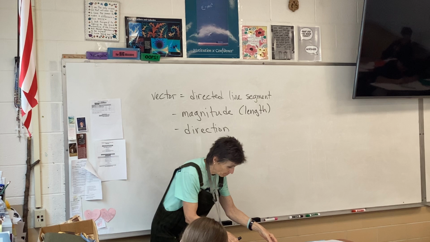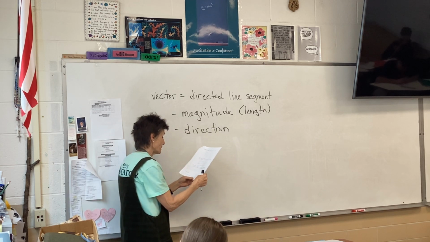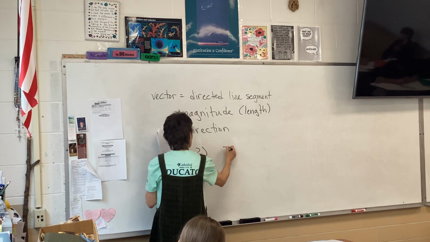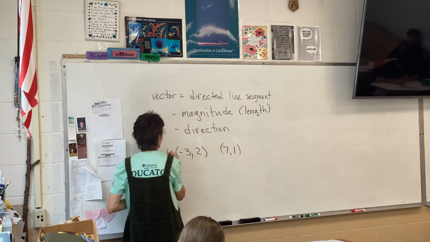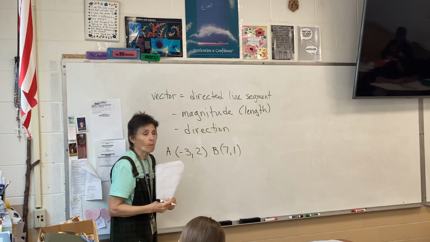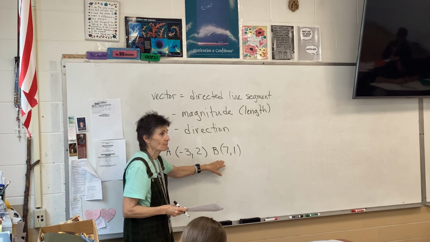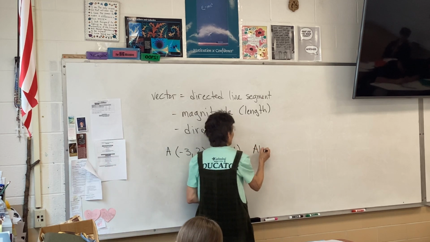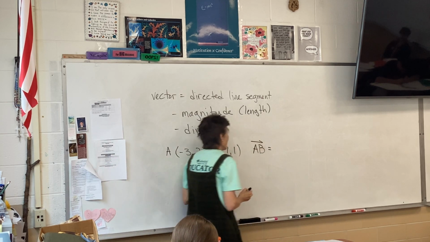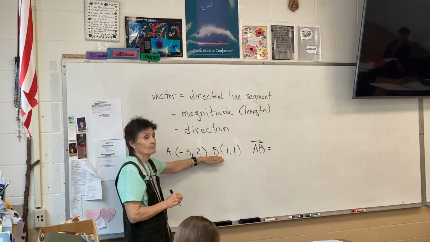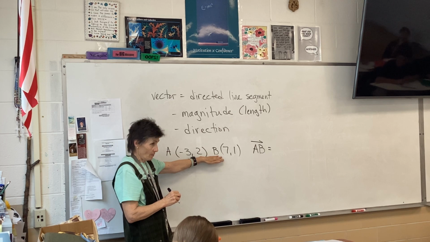Okay, now, find the coordinates of the vector from -3, 2 to 7, 1. Now, I should have named those points. These are just ordered pairs. And we want to know the coordinates of the vector that goes from A to B. Okay?